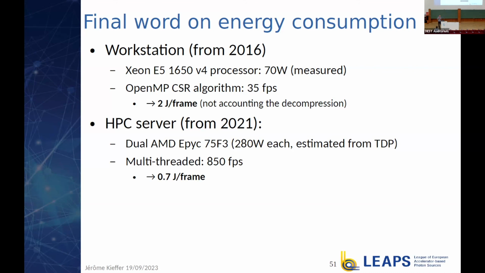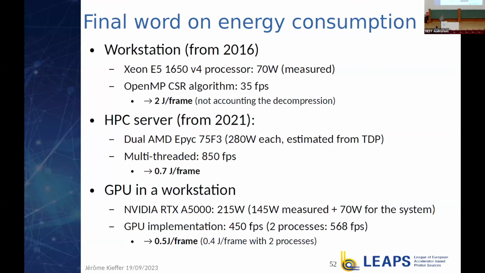If I use the HPC server wisely, this dual AMD EPYC, which reaches 850 frames per second, we are at 0.7 joule per frame. So we can do 3 times better than a workstation when both are used in a wise manner. And if I use a GPU in my workstation, I get 0.5 joule per frame using one simple serial Python code, or 0.4 when I use 2 processes.